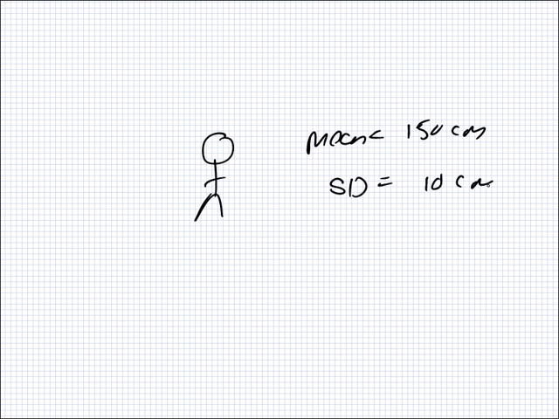If I said the average height is 150 centimeters and the standard deviation is 10 centimeters. Oh, sorry, because it's still on the spreadsheet. Can you see? No? If I said the average height is 150 and the standard deviation is 10, I'm pretty much guaranteed that everybody in the group will be between 150 plus or minus 20.